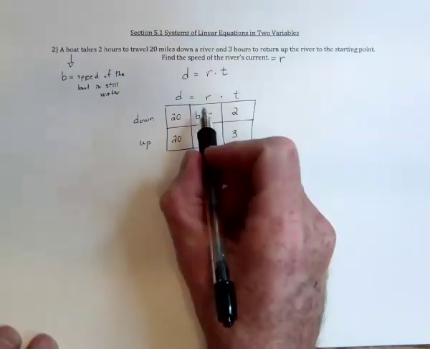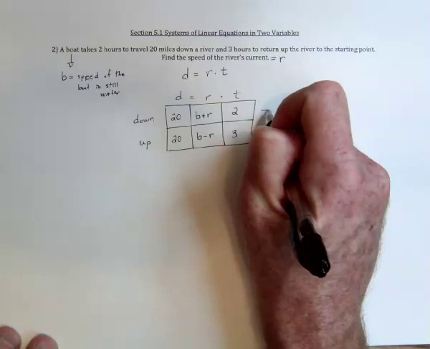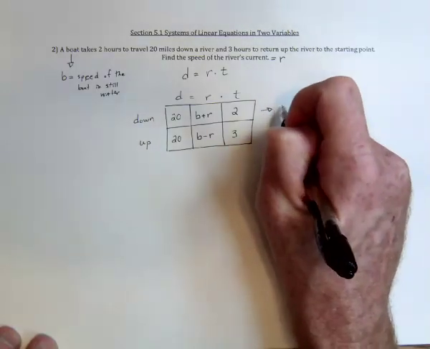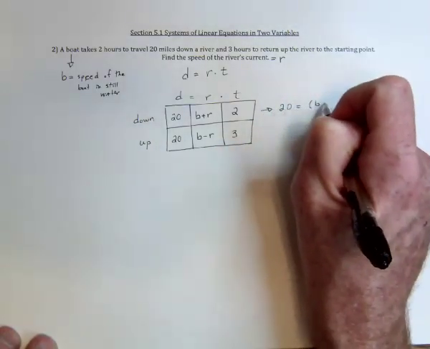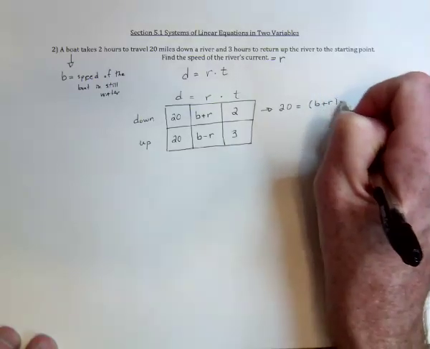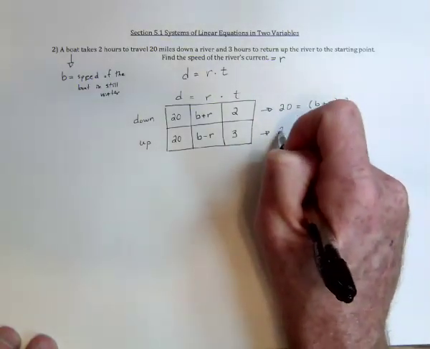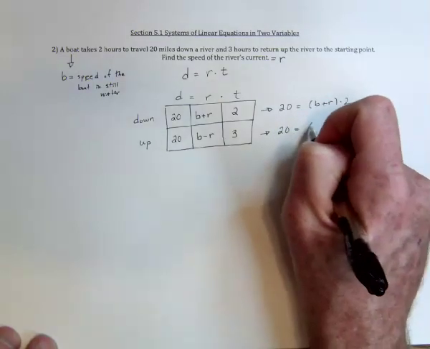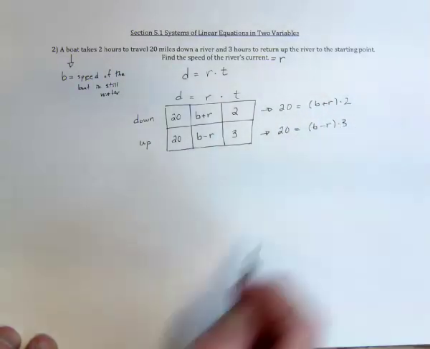And now we can use distance equals rate times time to come up with equations from each of these rows. So 20 equals the boat plus the river times 2. And this row will give us 20 equals the boat minus the river times 3.